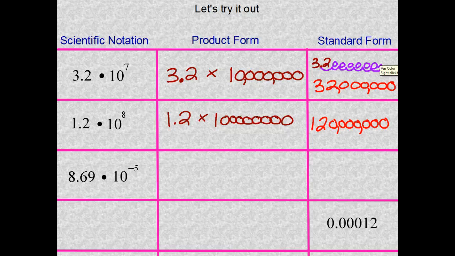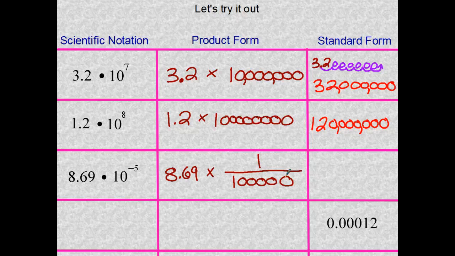this one is 8 and 69/100ths multiplied by some fraction of 1 over 1 with how many zeros? We said 5 zeros. 1, 2, 3, 4, 5.